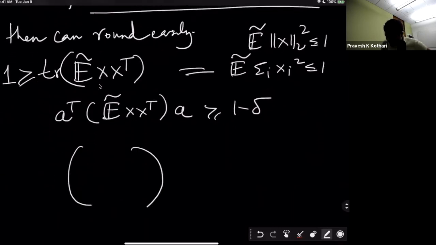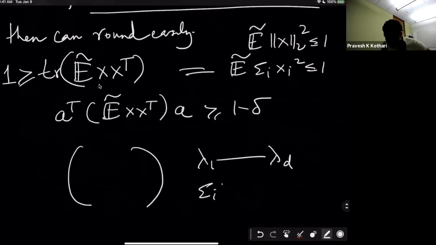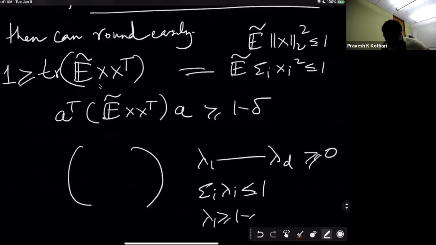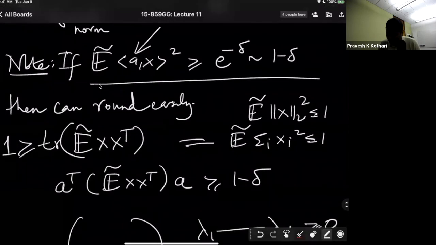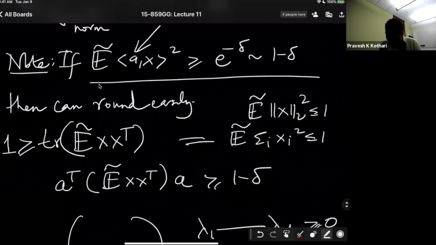Let's say its eigenvalues are lambda 1 through lambda d. They are all non-negative and add up to at most 1, and lambda 1 is at least 1 minus delta. The largest eigenvector has to be somewhat correlated with A, because otherwise you can't have 1 minus delta in the inner product, since the second largest eigenvalue can be at most delta.